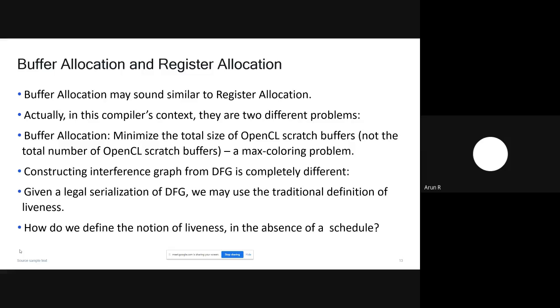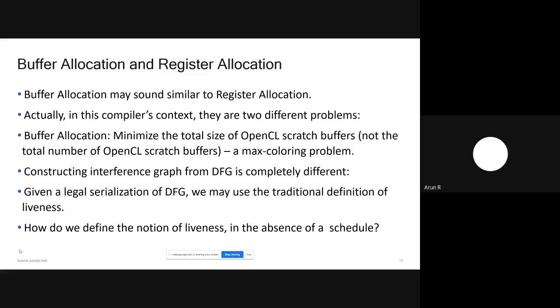Another thing is that constructing an interference graph from a data flow graph is itself an interesting problem. Here we are assuming that we cannot control the schedule. Given a data flow graph, there are many possible legal schedules. So we assume the compiler cannot control how the operations will be scheduled.